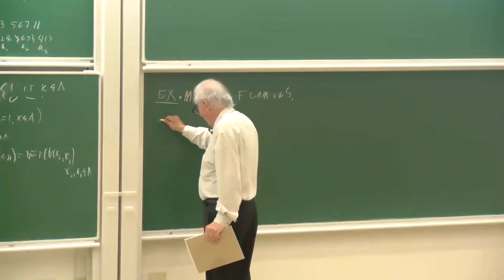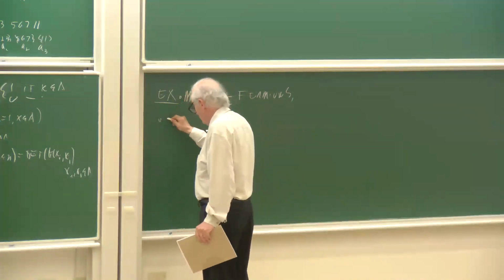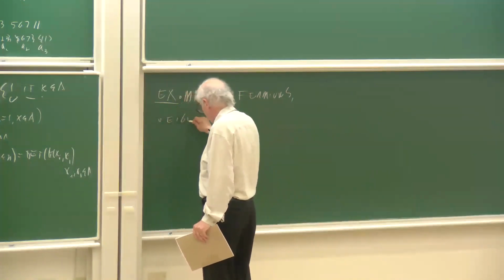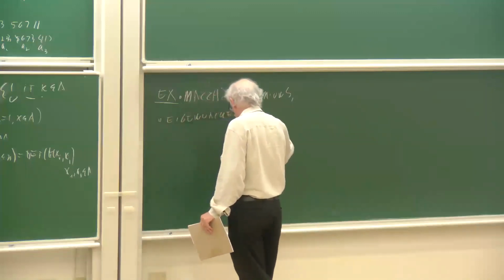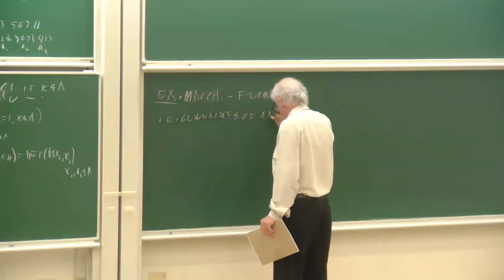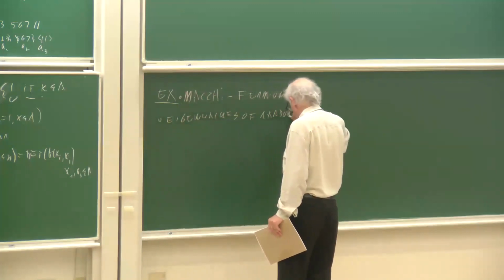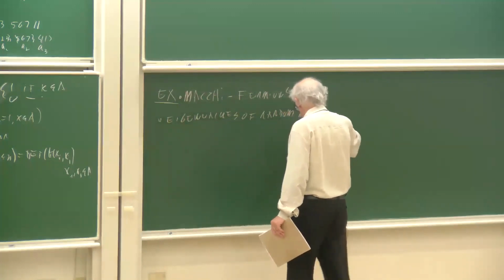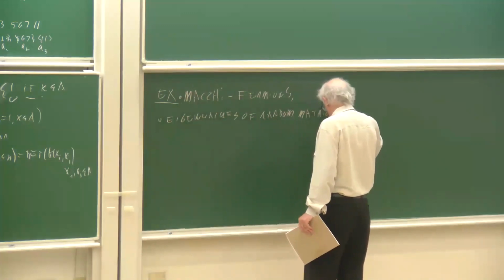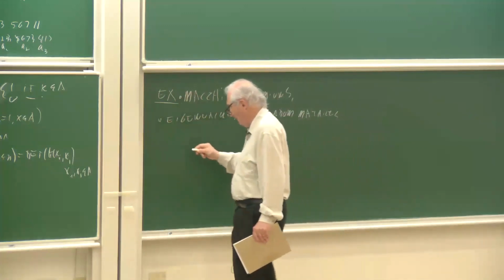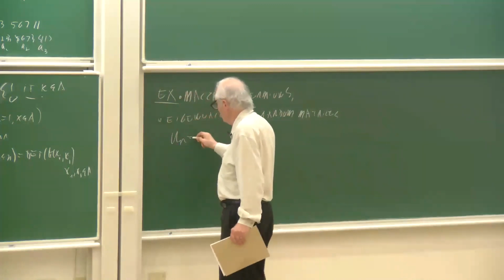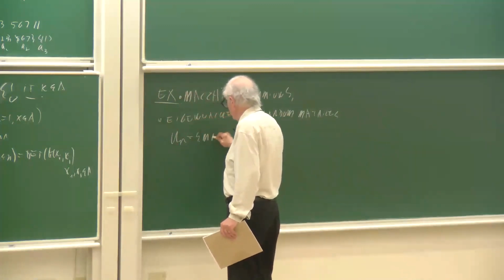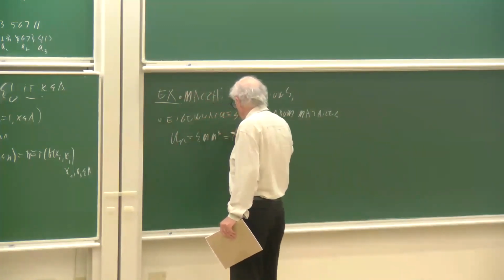The eigenvalues of random matrices. Let me be specific. Let U(n) be the usual unitary group, the set of all matrices such that M M star is the identity.